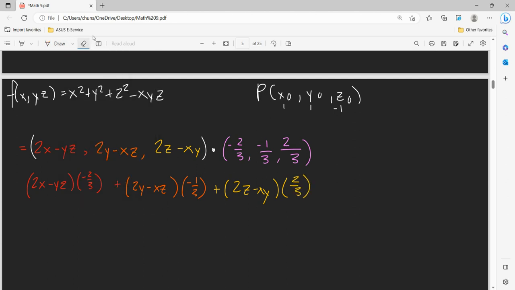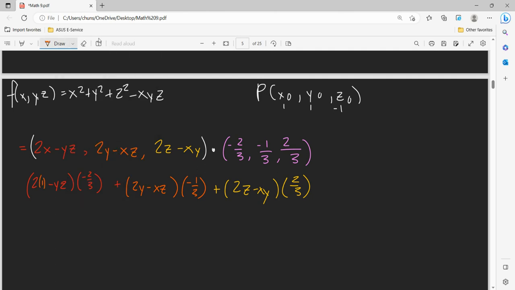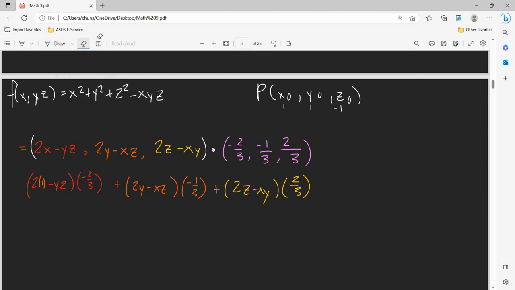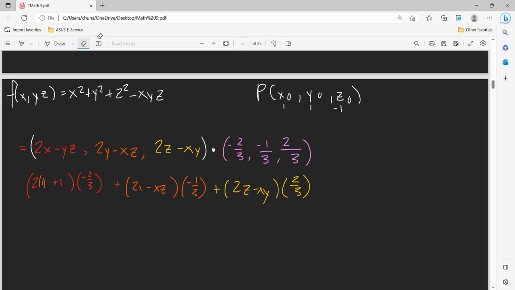Okay, and I'm going to plug in for our variables here. So this is 1 times -1, so that's going to be +1. Then y is just 1, so we can get rid of that. And this is going to be +1.